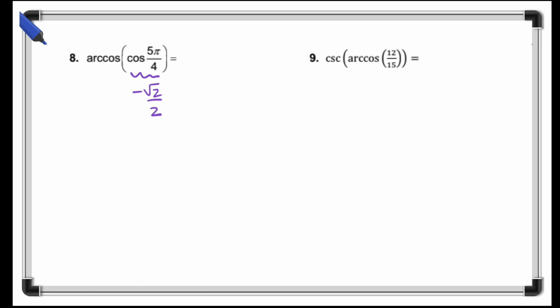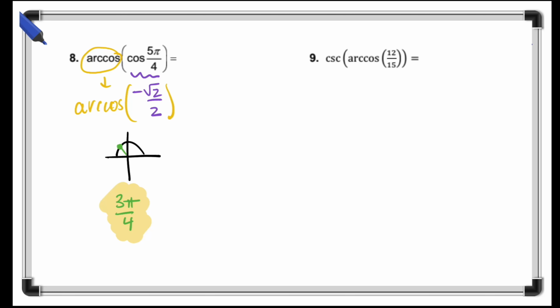Then we take the outside function, the arc cosine of whatever I just found. With arc cosine, remember you are in quadrants 1 and 2. So for a cosine of negative root 2 over 2, that angle would be 3 pi over 4.